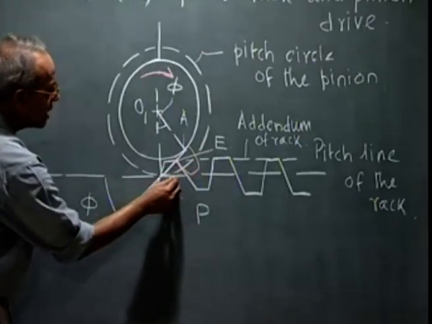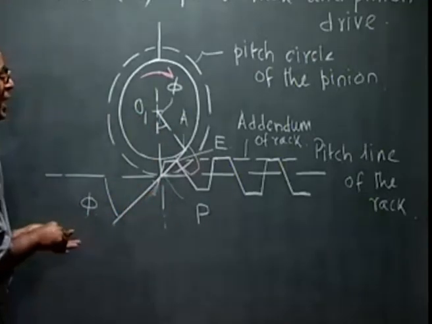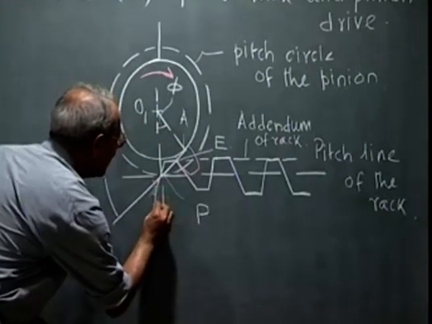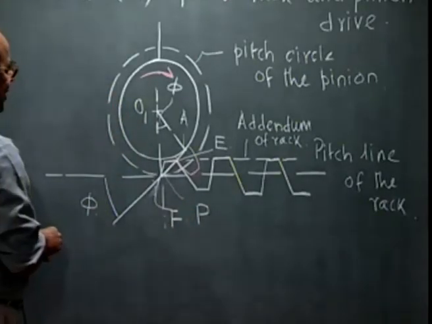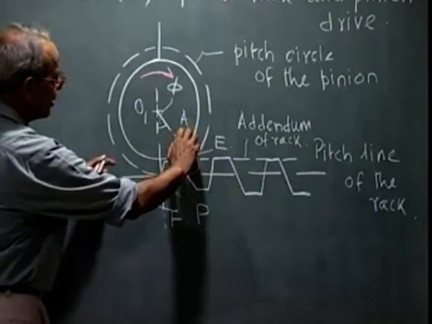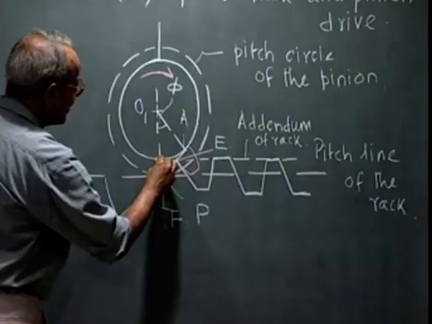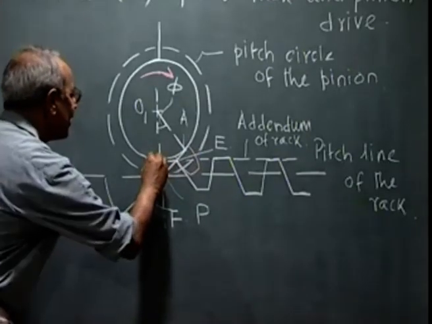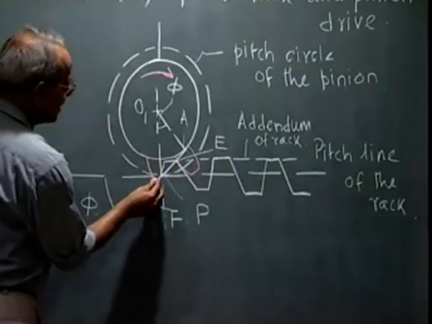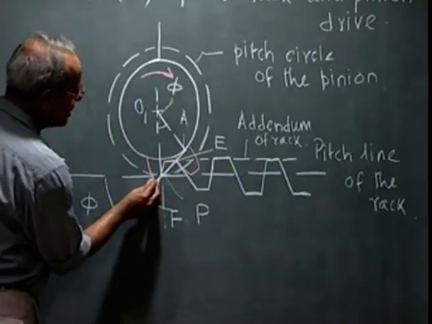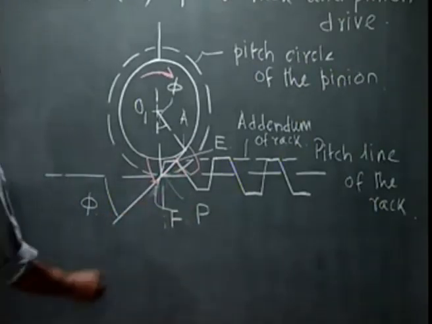When this addendum circle intersects this line of action, let's say this point I call S. This tooth has rotated and let's say this is the addendum circle. This point is F.